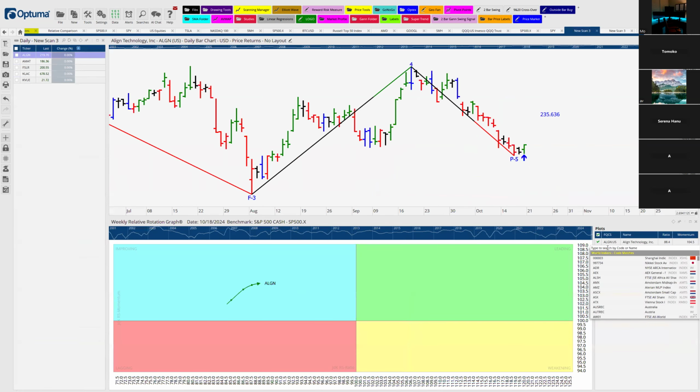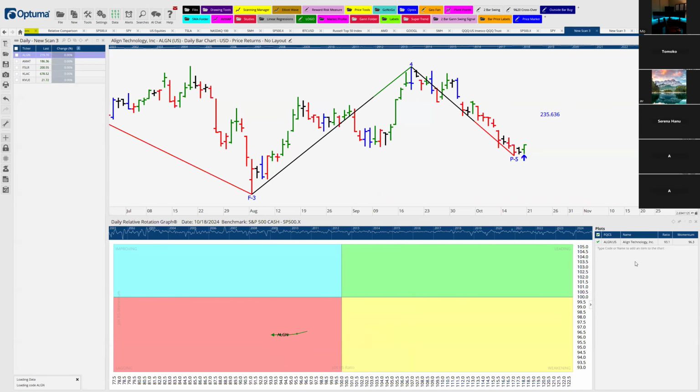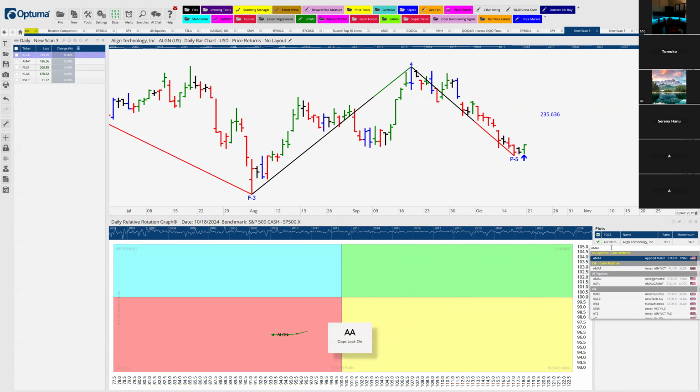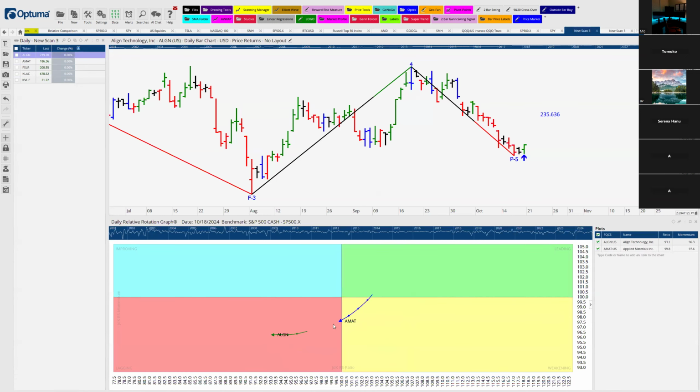Let's see. Where are we at on a daily? Okay, let's put them here one by one, see which one looks good. See, still weakness. It's going to be a disaster.